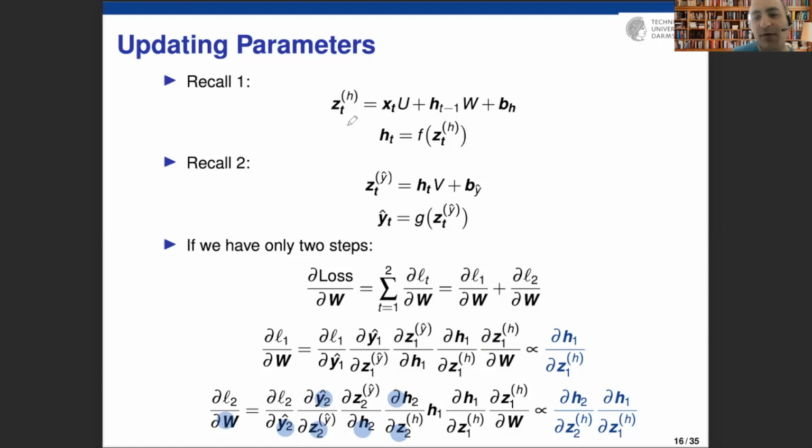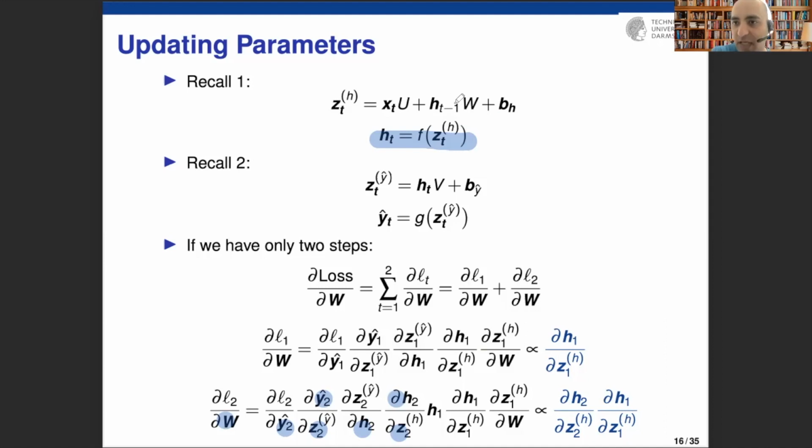So the gradient of H2 with respect to Z2 is like here. Then we need to calculate the gradient of Z2 with respect to W, right?